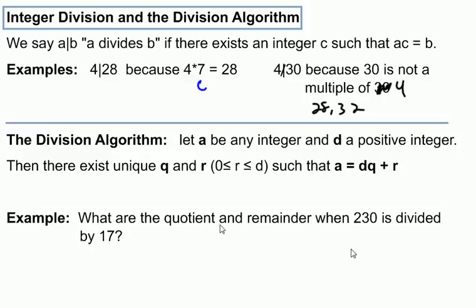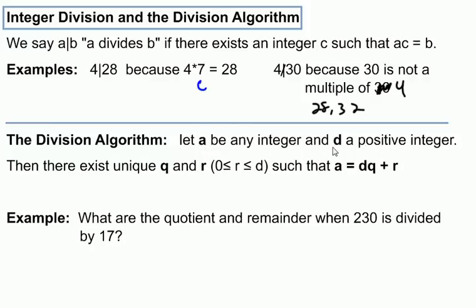Now, the division algorithm down here is not actually an algorithm, but it gives us the structure of how division would work. Essentially, if we wanted to divide an integer a by an integer d, we know that d would go into a some integer number of times with a remainder.